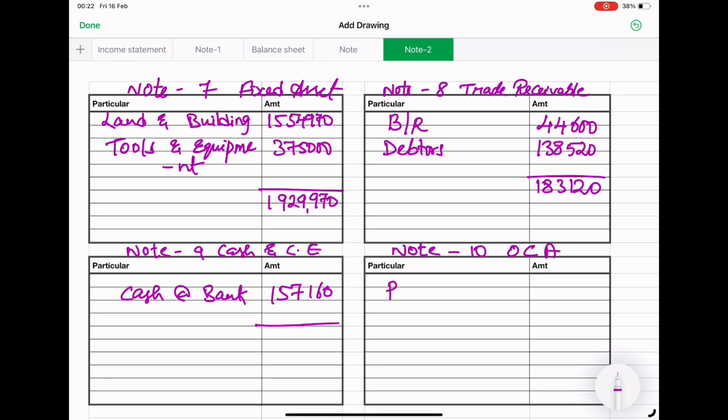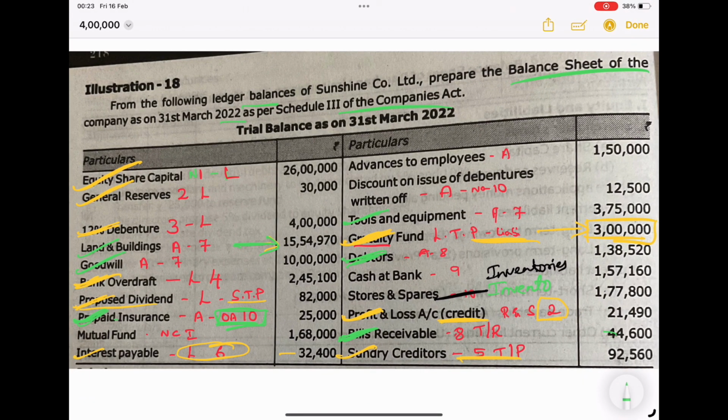I'll write the total here. Next, this one is done. Mutual funds, I'll come to mutual funds. Advances to employees, I'll also come for that.